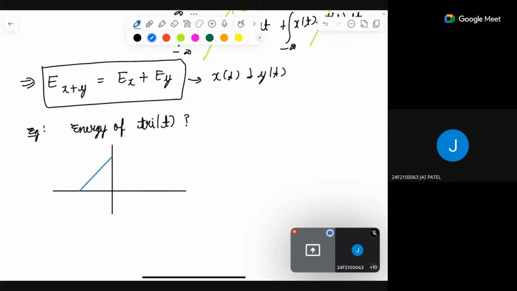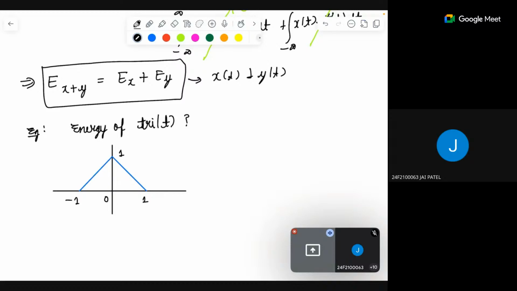Do you want me to compute it or should I just leave it? Leave it, or you can take another signal which is not done in the lecture. That I definitely have in the problem solving. This is just the summary for the lecture. Okay, so I will just quickly tell you how to do it.